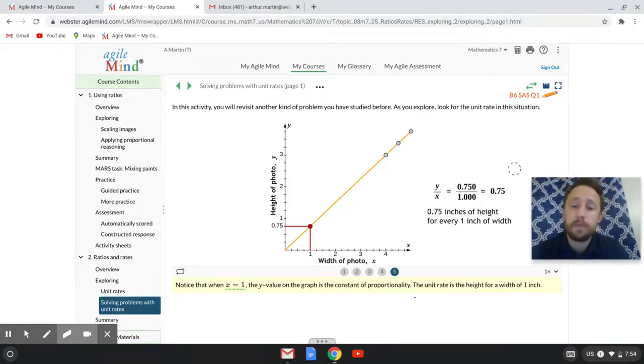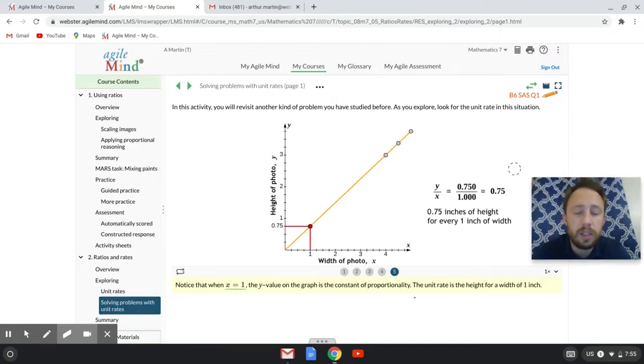Or if we wanted to find the width to the height instead of the height to the width, we would go to 1 on the y and see where your x lies.